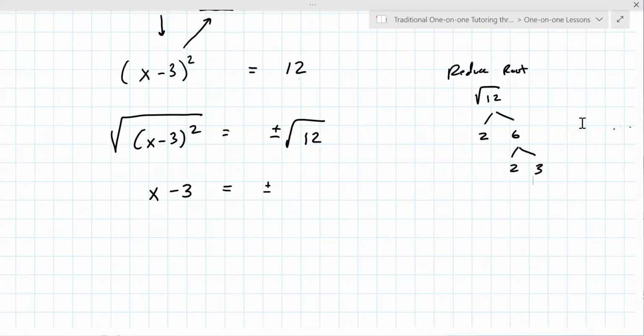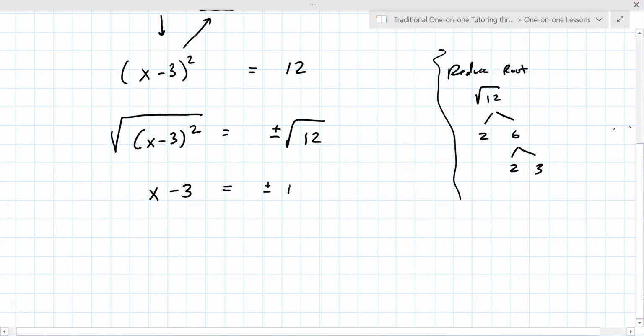If your instructor isn't emphasizing it, I don't know what to say. This is necessary. If you leave it as the square root of 12, it's correct, but this is better. Okay, let's not do that tonight, because maybe your instructor isn't emphasizing that, and we're going to go off on a tangent that isn't helpful.